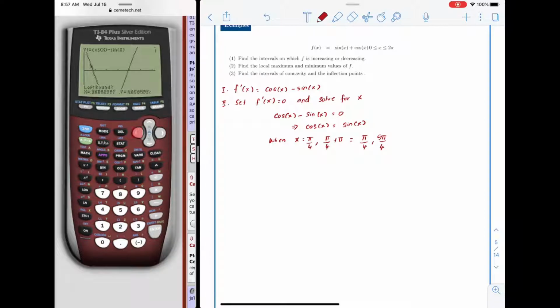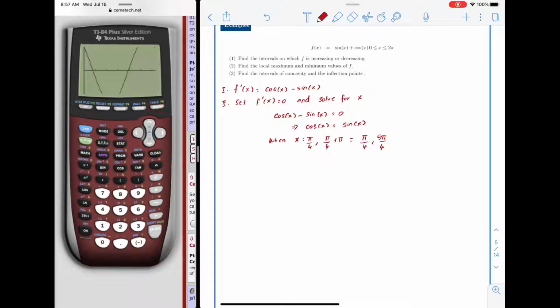I see 1 on the left side. And I get 0.78539, and if you did pi over 4, you'll get 0.78539.